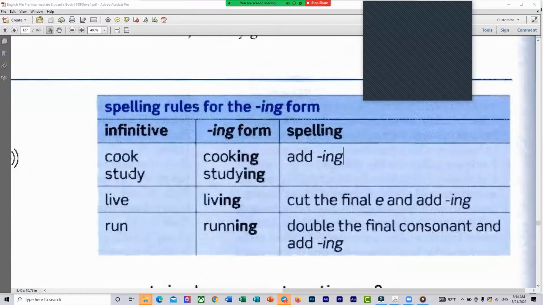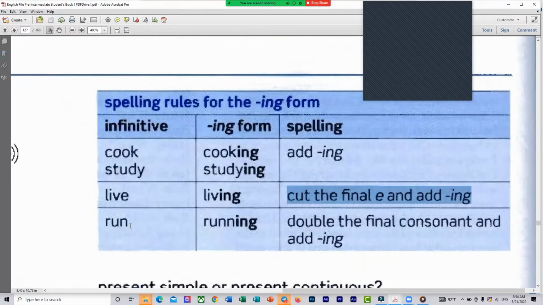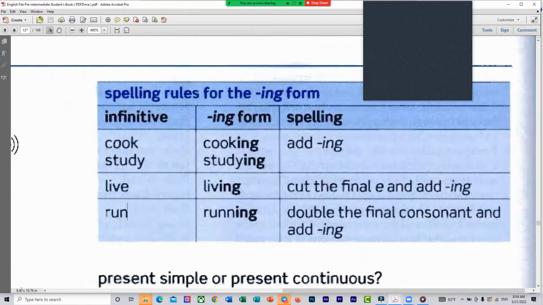Okay. So for the normal rule, we just add ing. And when a verb finishes with the letter E, we just omit the E and then add ing, like live, living. So we cut the final E and add ing. For a verb with one syllable, okay?